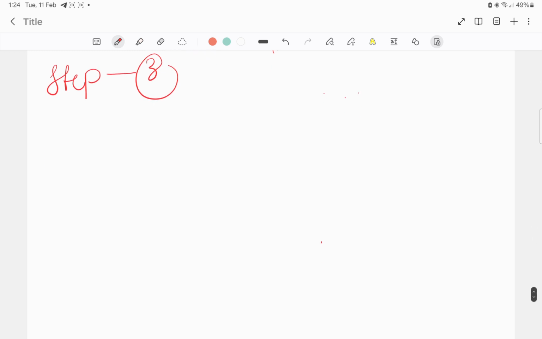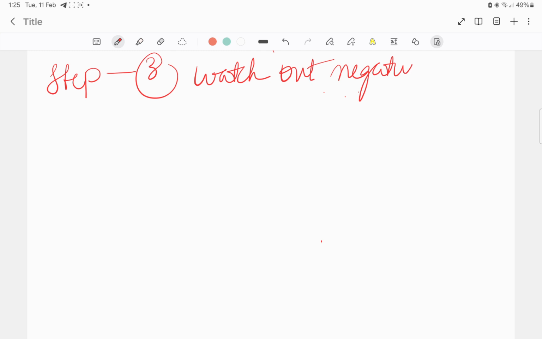The next step is to watch out for negative words in the passage, negative words that flip meaning.